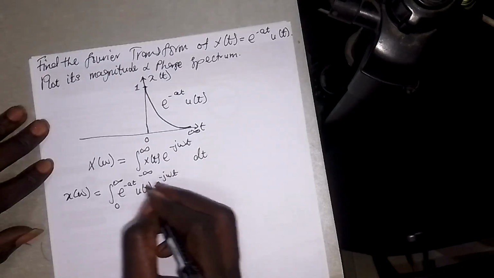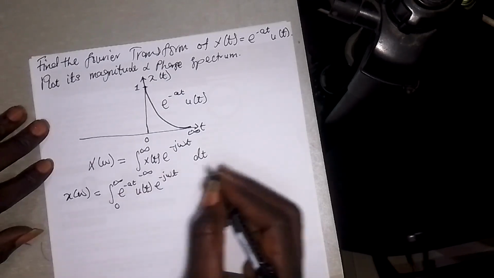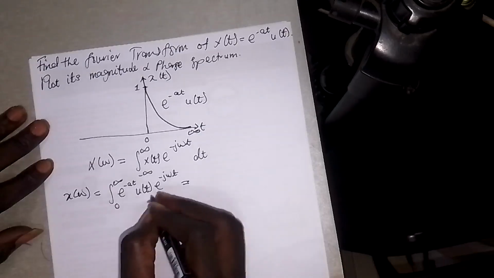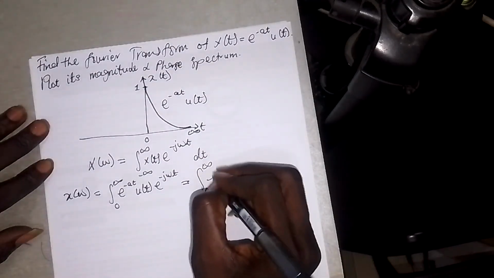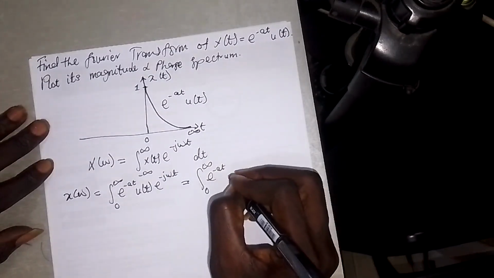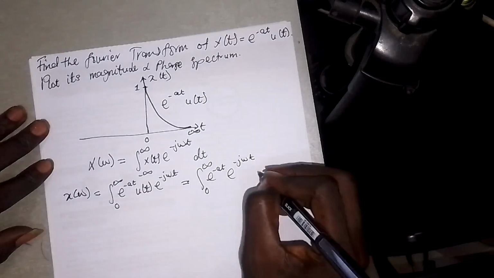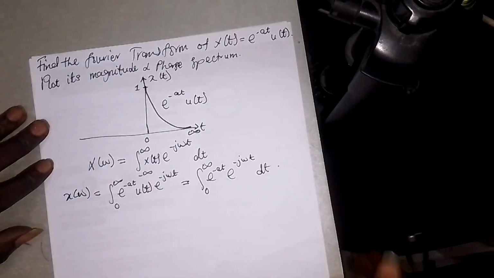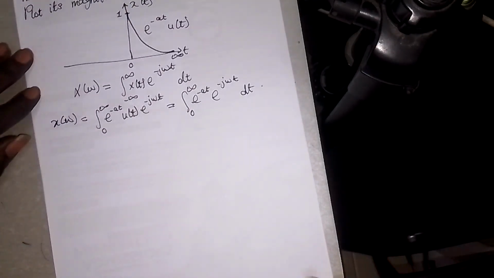But u of t is a unit step signal, which is 1. So this becomes the integral from 0 to infinity of e to the minus at into e to the minus j omega t dt.